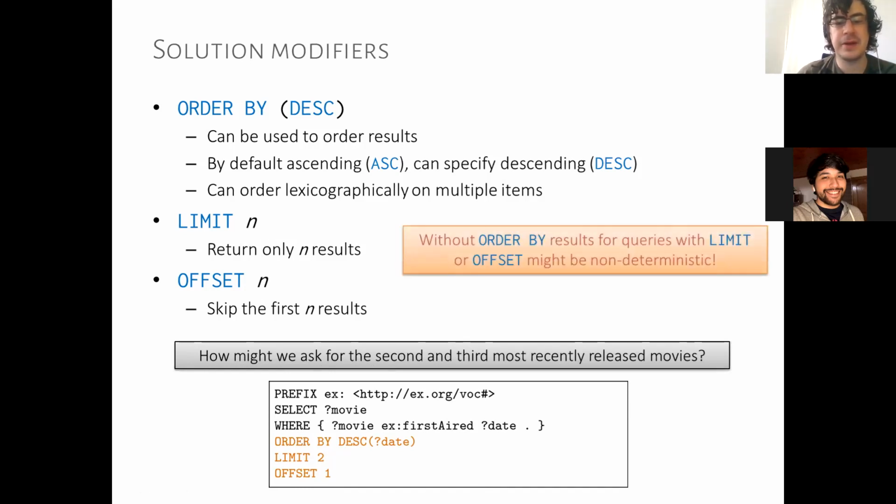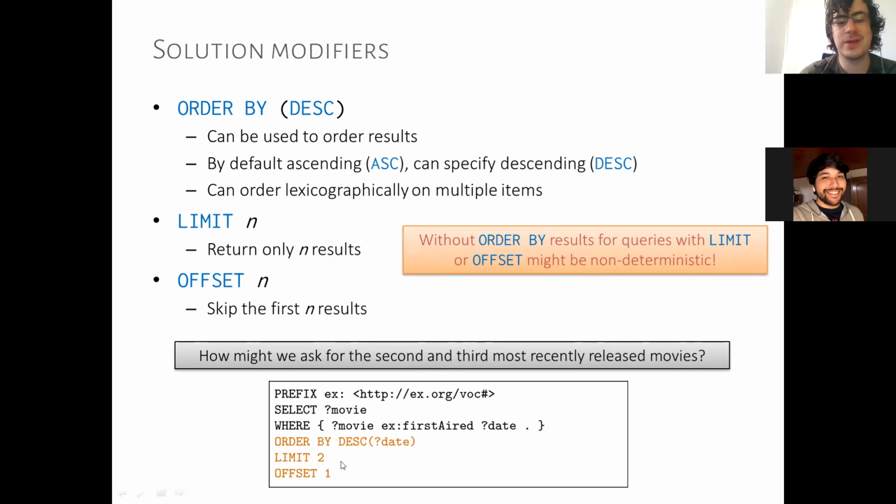Okay, so these are solution modifiers. It's worth noting that without order by, the results for queries with limit or offset might be non-deterministic. If we don't specify the order by, it's basically any solution that returns two results, assuming there are at least two movies with dates in the RDF graph.